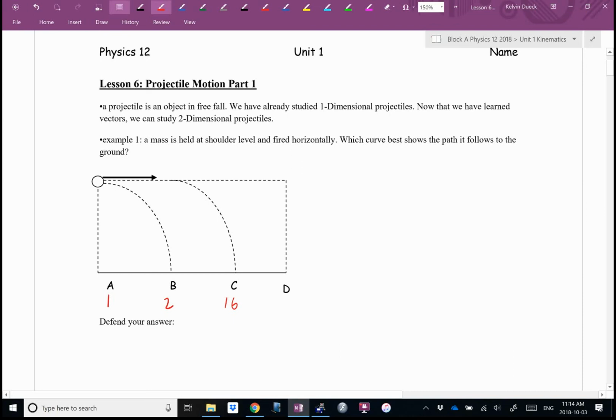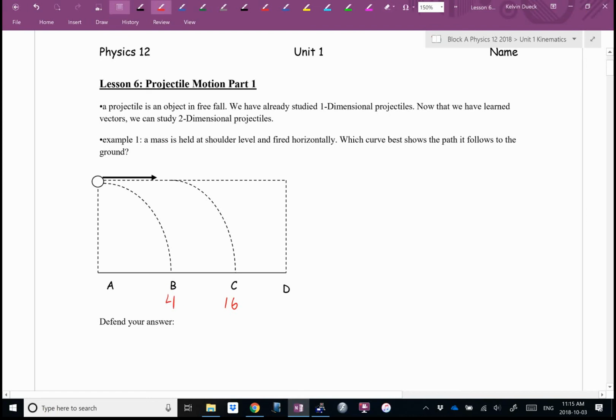Who says path D? What did you vote? You voted B? Thank you.